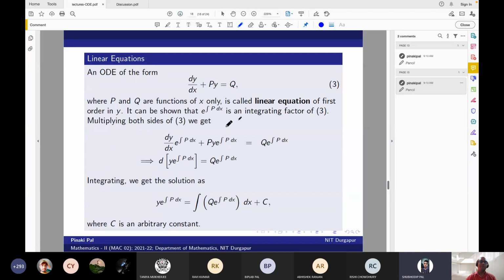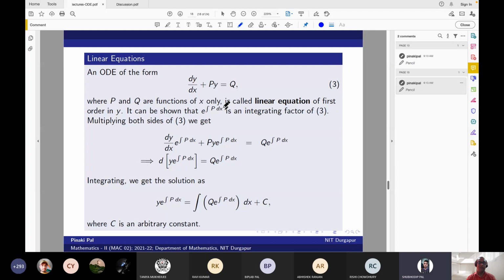Now the last type of equation you have learned previously for first order first degree differential equations is the linear equation. It can be written in this form: dy/dx + Py = Q, where P and Q are functions of x only. Then it can be shown that the integrating factor for this differential equation is e to the power integral P dx.